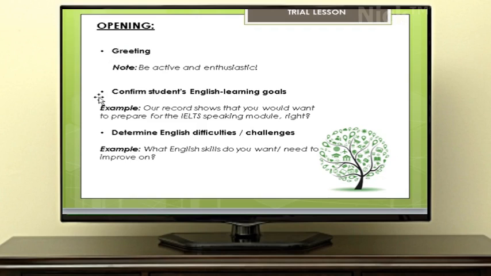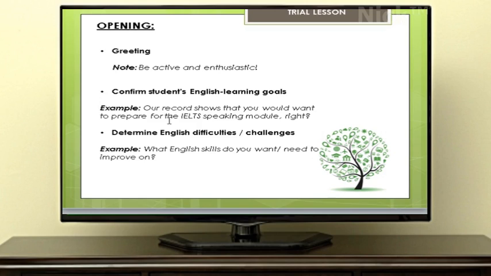One very important factor that you have to consider is to confirm your students' English learning goals, because that's what they're here for. They'd want to achieve their goals. You can ask something similar to the example question that's provided.